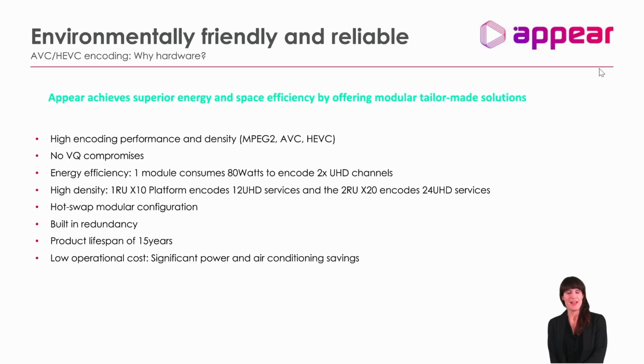So, why choose hardware encoding? That's because it's very environmentally friendly and reliable. It uses very low power to encode, and it's very dense, so you don't use much rack space, and therefore you also don't need that much cooling. All in all, very environmentally friendly and low operational cost.